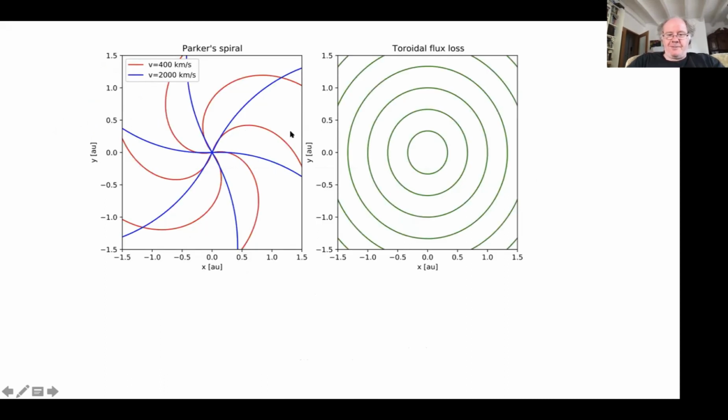The reason for this excess flux is that purely toroidal field is also being carried out by the solar wind. So the solar wind consists of Parker's spiral, which is radial field just spiraling around the sun as it's forced out by the solar wind due to the sun's rotation, plus a component which is the loss of toroidal flux from the sun.